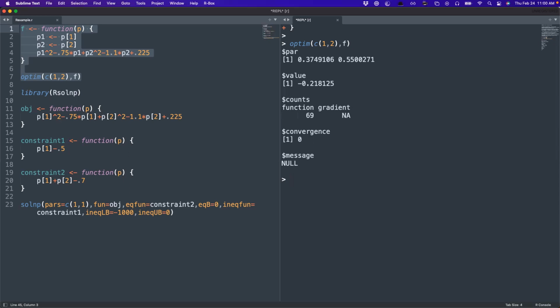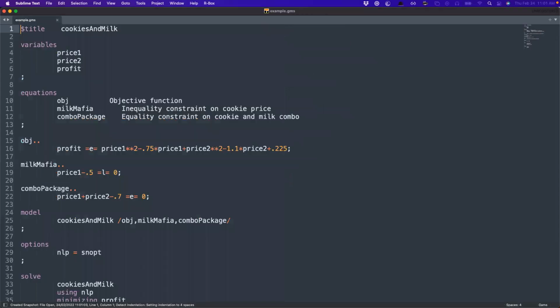And one of the nice things that I like about GAMS is that the translation from a mathematical formulation into the software is actually quite straightforward.